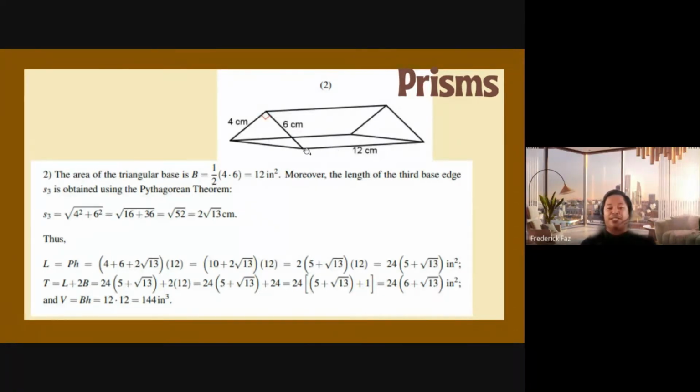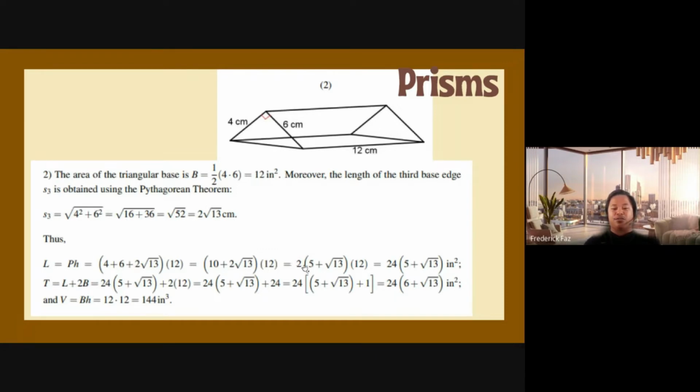So nakahiga po kasi yung ating illustration. So we can say, di ba po yung ating height ng prism ay yung length po ng parallelogram or ng rectangle.